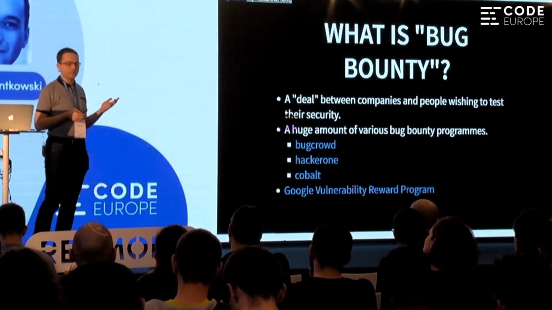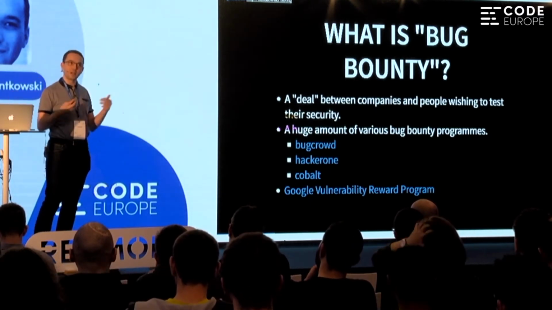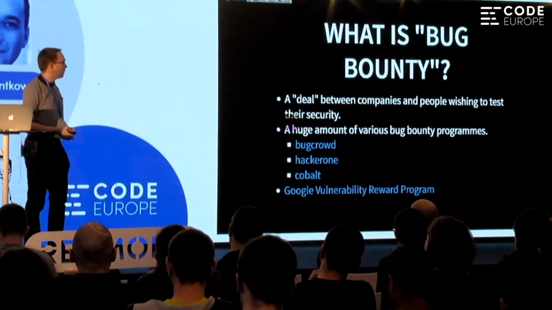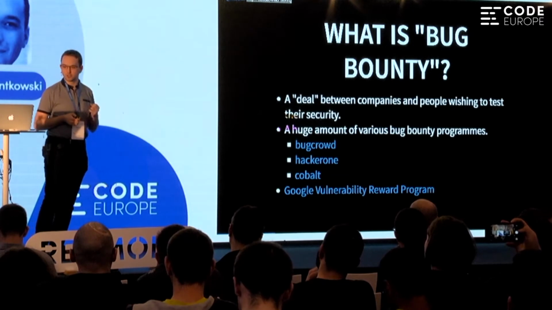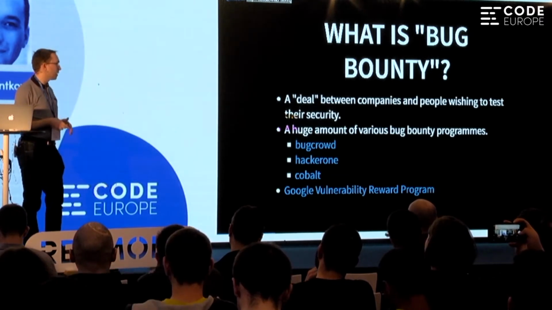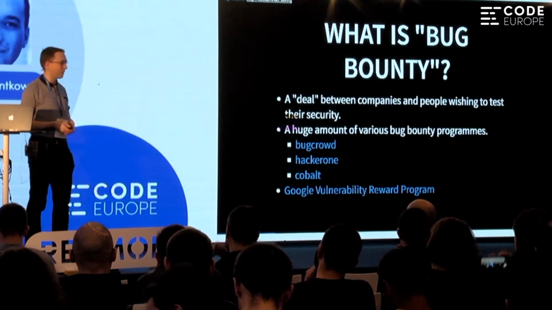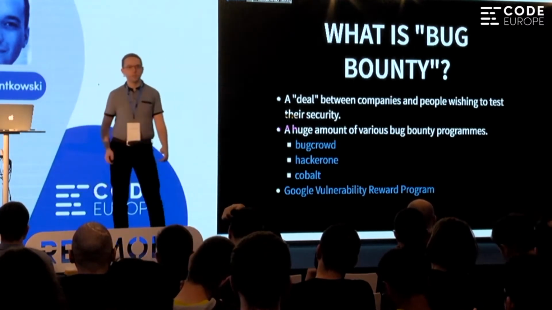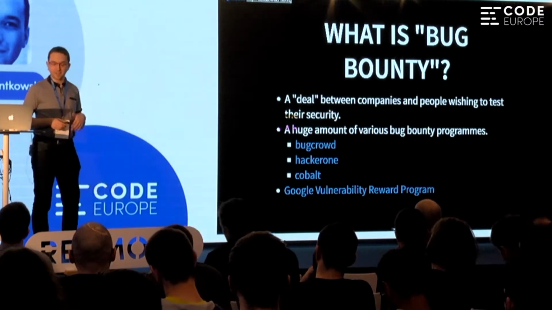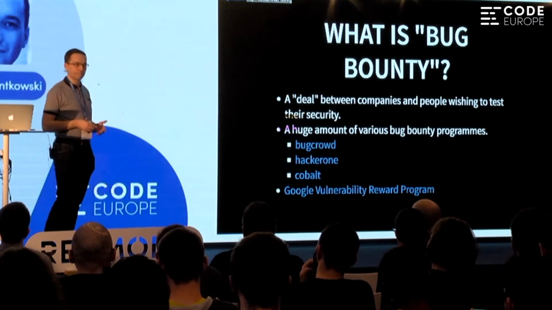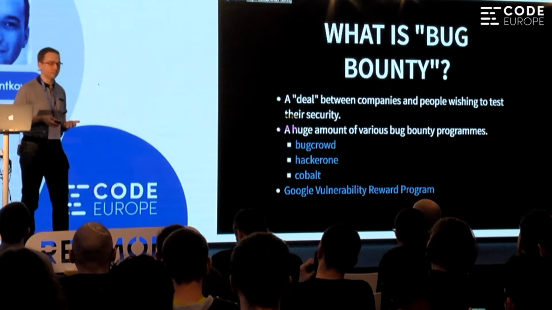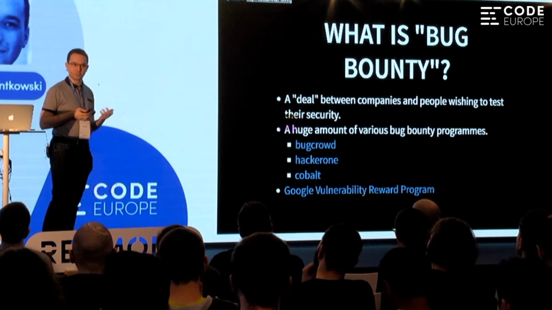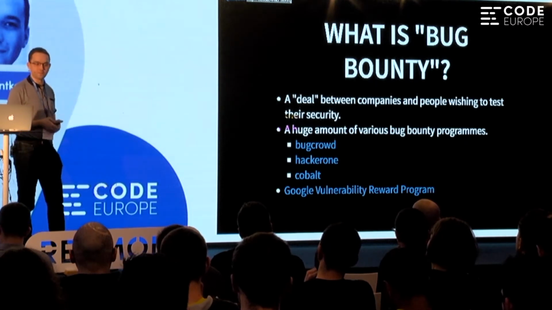If you find any issue, report it to us, not to any third party, and we will pay you for it. And that's it. The most popular bug bounty programs are Google or Facebook, but there is a huge number of them. There are also 3 websites like Bugcrowd, HackerOne, and Cobalt, which contain maybe even over 100 bug bounty programs, so over 100 services that you are authorized to test their security. And if you find any issues, they will pay you.